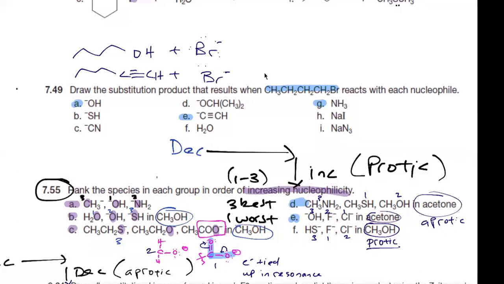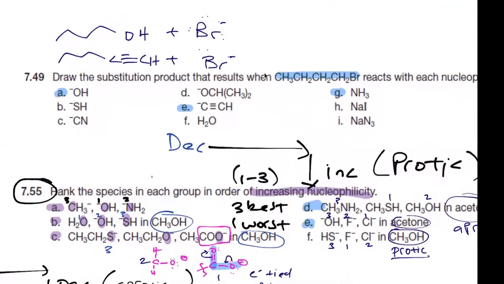So with this nucleophile right here, this carbon is the nucleophilic part, but this happens to be triple bonded to another carbon. So the whole thing comes in as the nucleophile. Good. All right, let's get somebody else for G. Okay, I'm not too sure if this is right, but I did CH3, CH2, CH2, CH2, and then the little dash, and then I did NH2 plus HBr.